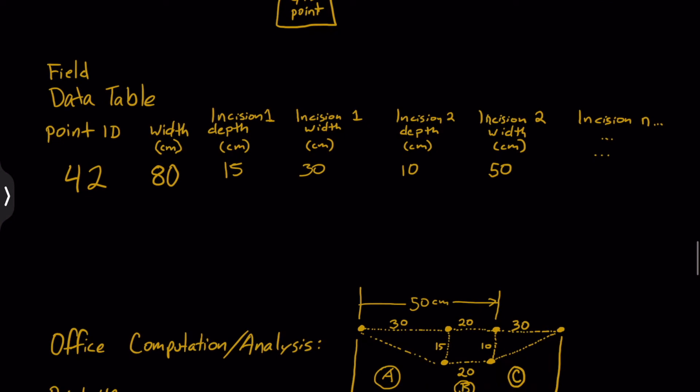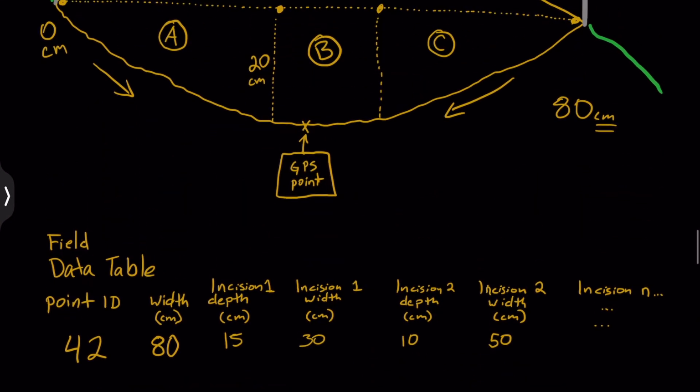Then we get to this point here, our field data table for this imaginary point number 42. We have a width of 80 centimeters, the incision 1 depth, I'll change this 20 to a 15. There we go. And its width from the previous incision measurement is 30 centimeters. Incision depth 2 is 10 centimeters.